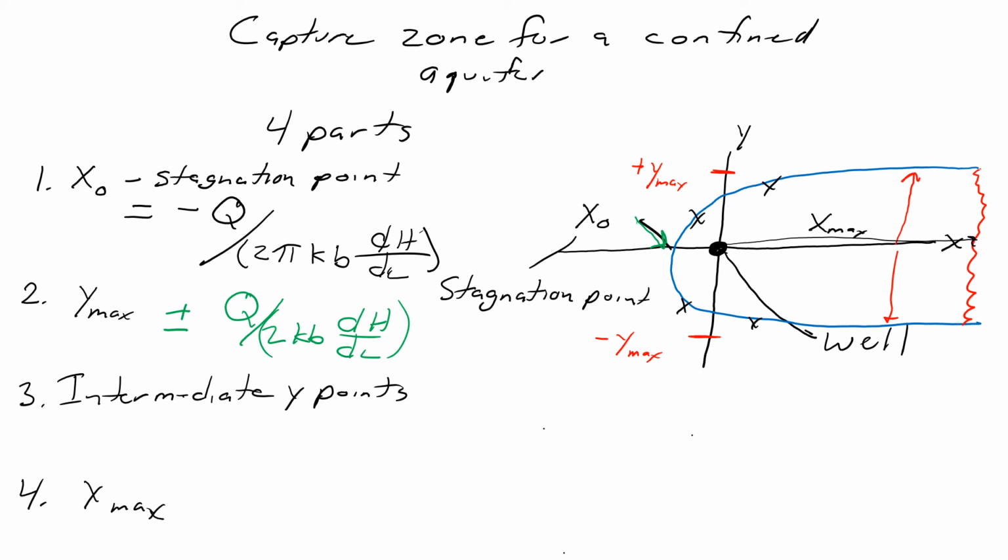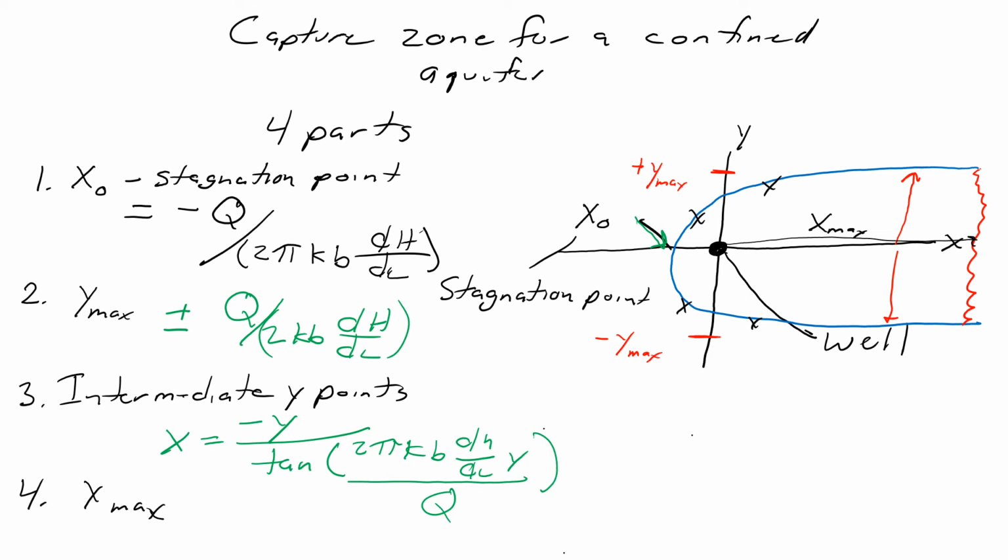For intermediate points, x equals negative y over the tangent of this big quantity here: 2 pi K b, dH over dl, times y over Q. It's like alphabet soup here. Looks complicated, but then again, it's really not too bad. And in this case, you have to put your calculation in radians rather than degrees for it to work out.